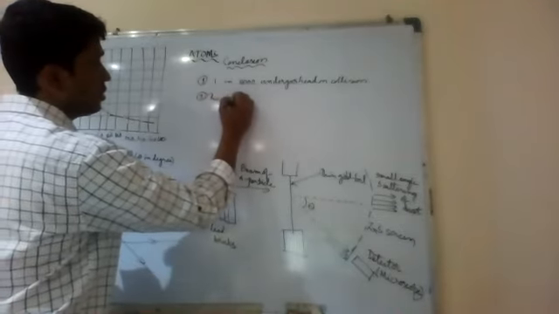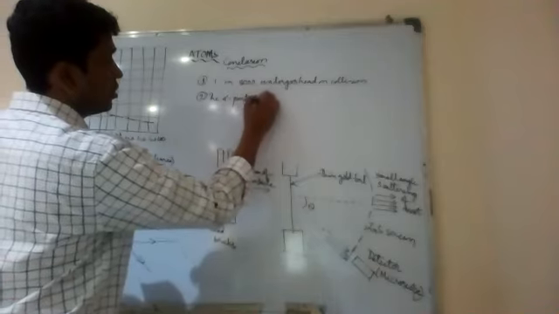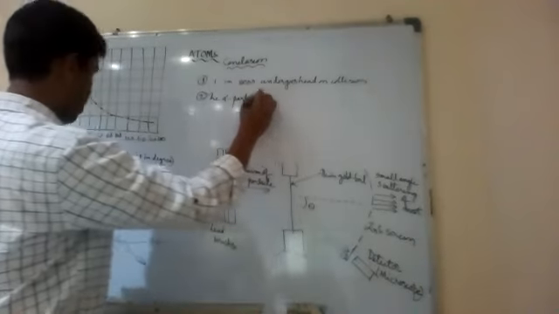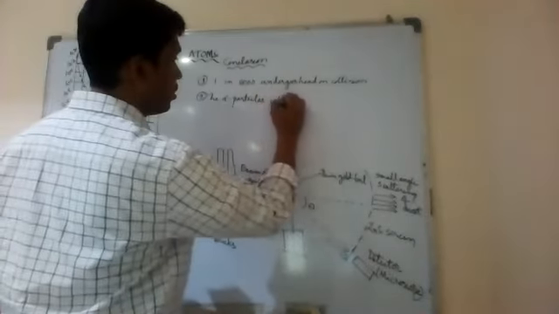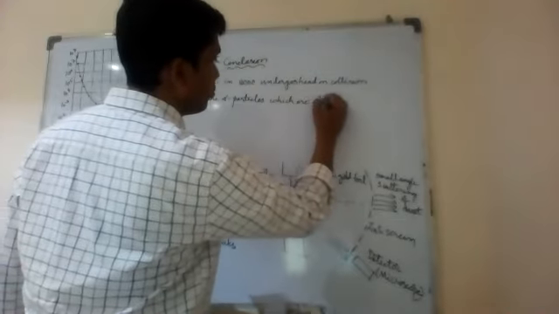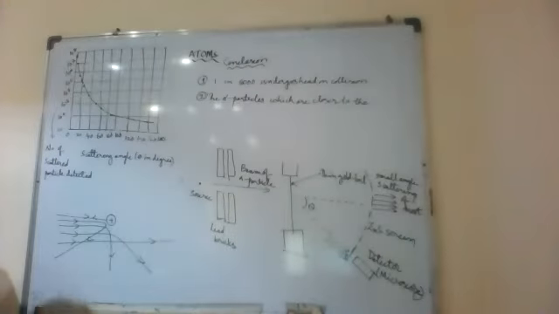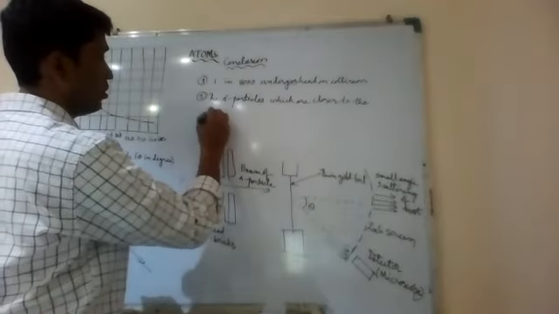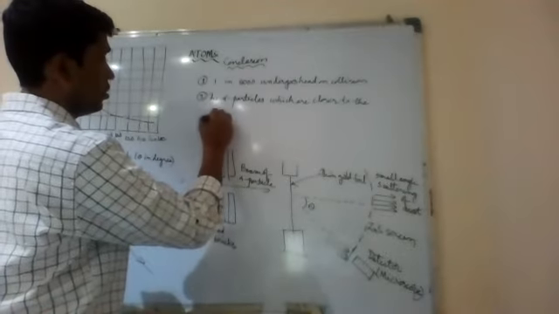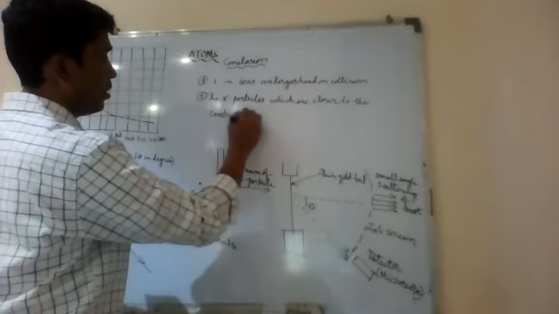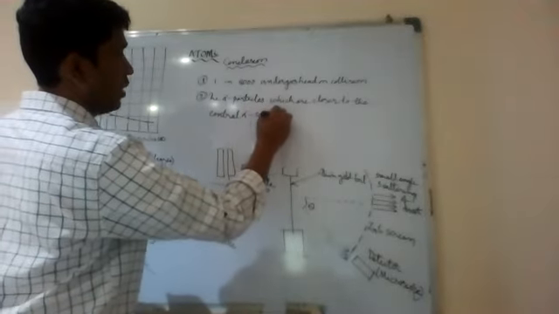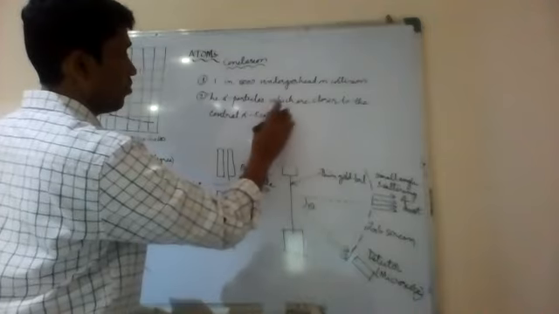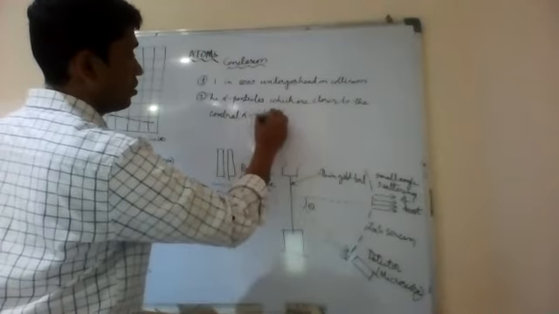The alpha particles which are closer to the center, closer to the head-on collision, scatter the most.